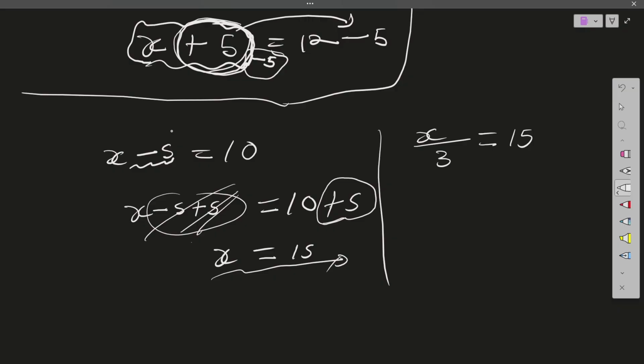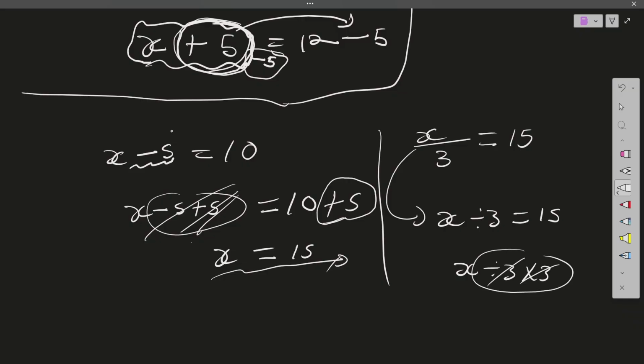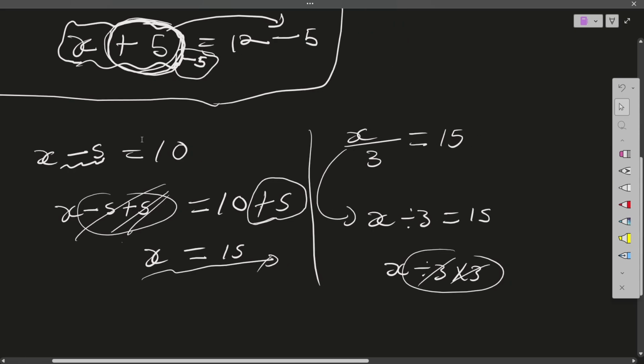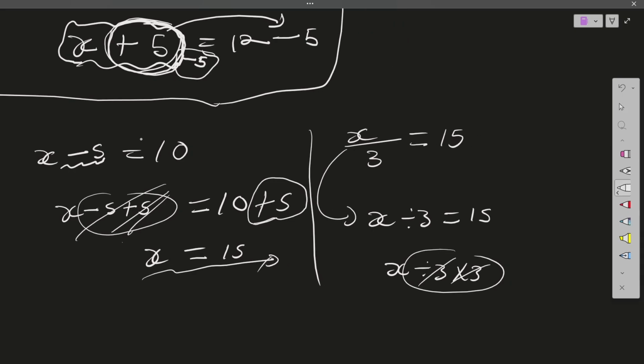So we say x divided by 3 times 3, and these are going to cancel each other out. That is the analogy we are working with.